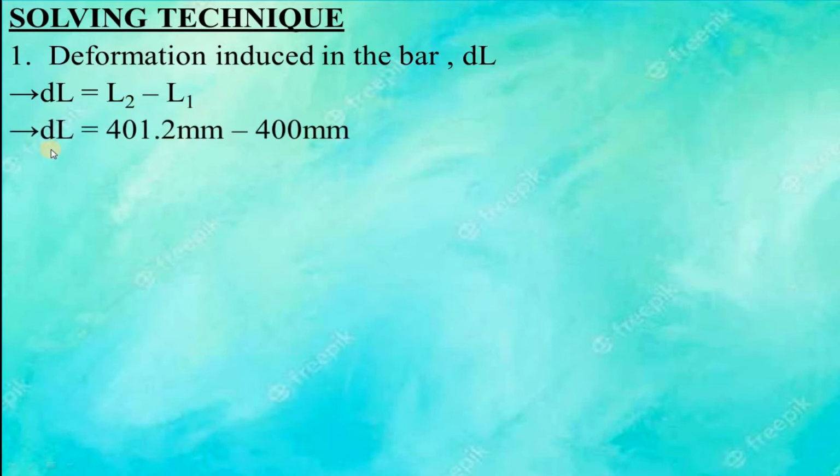We get dl is equal to 401.2 mm minus 400 mm, which is 1.2 mm. So dl is equal to 1.2 mm, which means the deformation value of the bar is 1.2 mm, or the extension length of the bar is 1.2 mm. And the most important thing here is we have found the missing value in the Young's modulus formula.